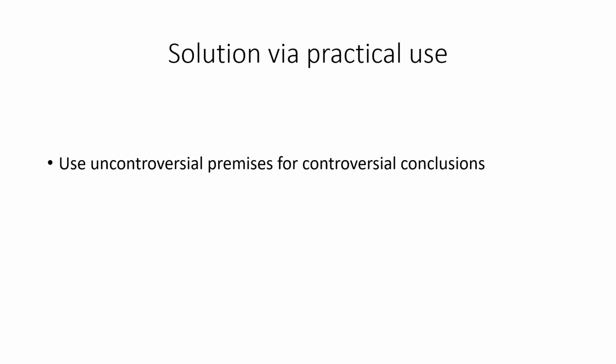So the standard I like to set is that we rely on uncontroversial premises, or at least give arguments for controversial premises until we get to the point where we're relying on uncontroversial premises to give a sound argument for a controversial conclusion.